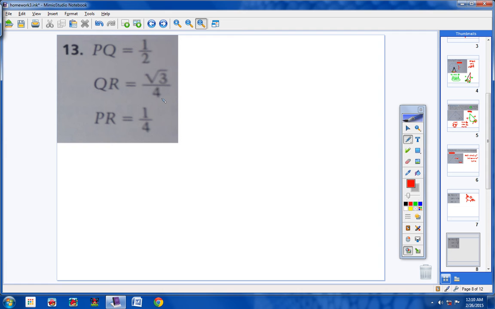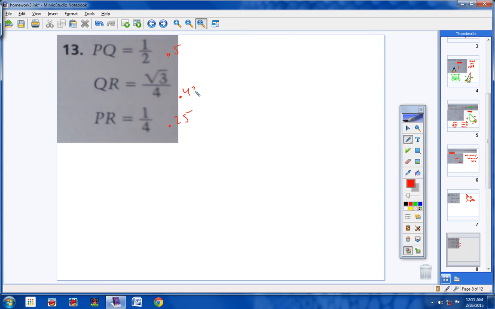Now listen, I'm pretty sure QR is my longest side, but we know 1/2 is 0.5. We know 1/4 is 0.25. Let me take the square root of 3 real quick. Divided by 4, and you'll get, actually I'm wrong, the square root of 3 divided by 4, you get 0.43.